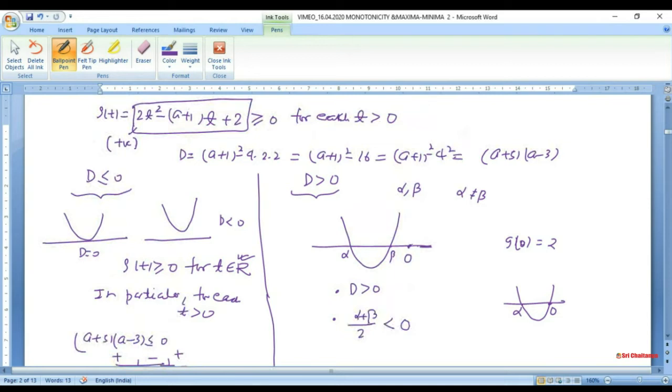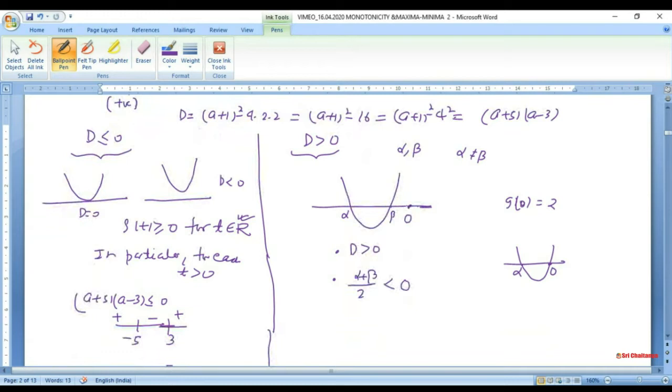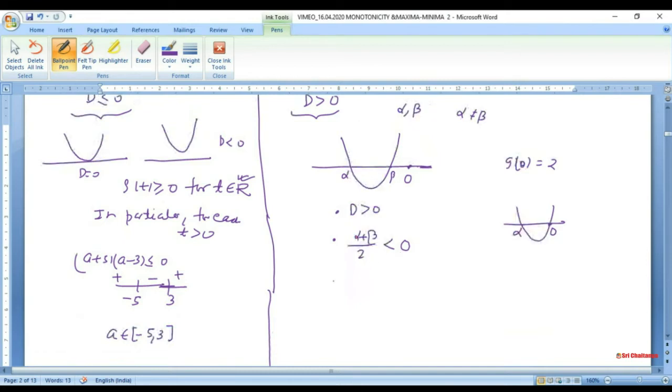So 0 must exceed both the roots, or at best 0 can become beta, meaning 0 can coincide with it if possible, otherwise no. And third is that f of 0 is greater than or equal to 0, equal to 0 meaning it can come here also.